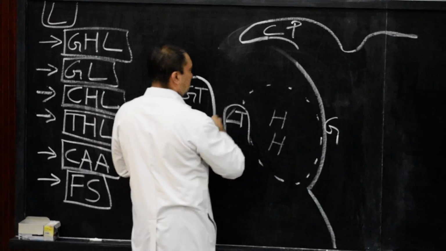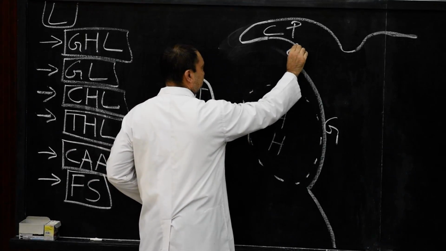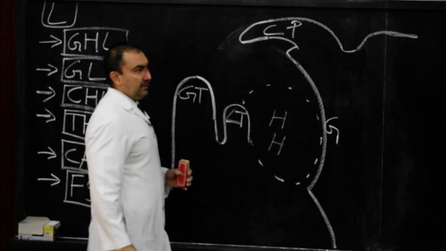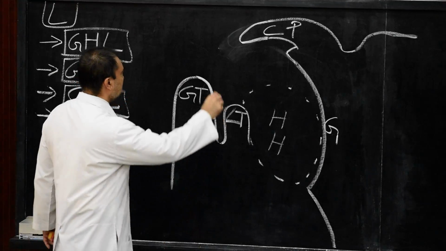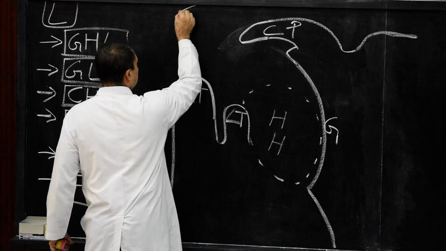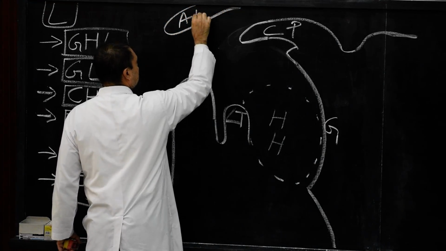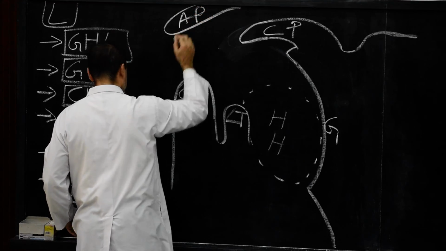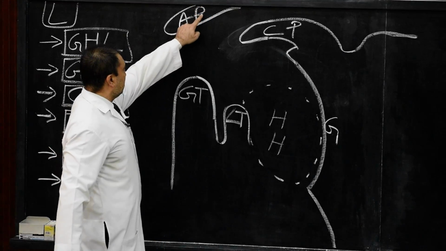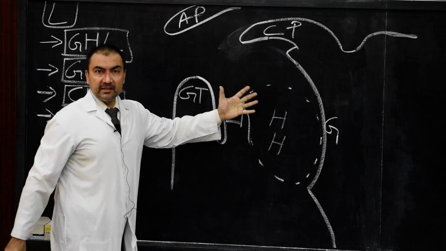And over here, you can join this margin. Now above the coracoid process, we are going to draw acromion process. So this is the basic line diagram.